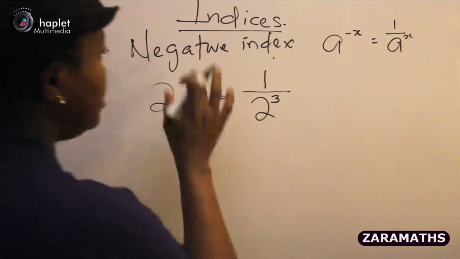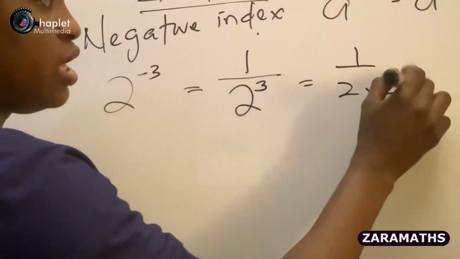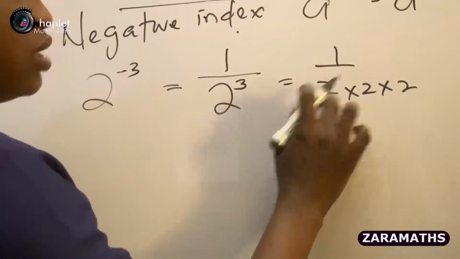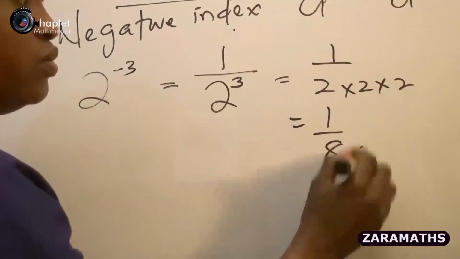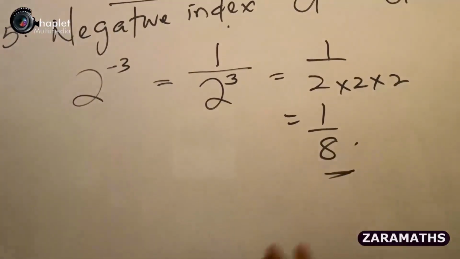So that is negative index. That gives us 1 over 2 times 2 times 2, which is 1 over 2 times 2, 4, times 2, 8. So 2 raised to the power of minus 3 is the same thing as 1 over 8.